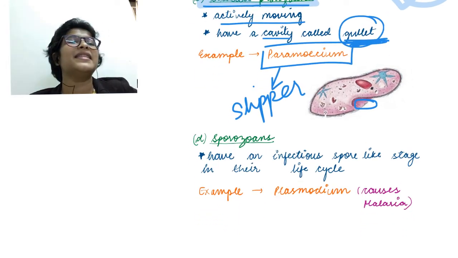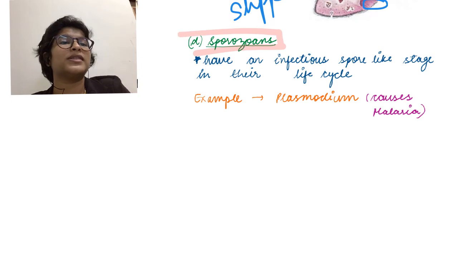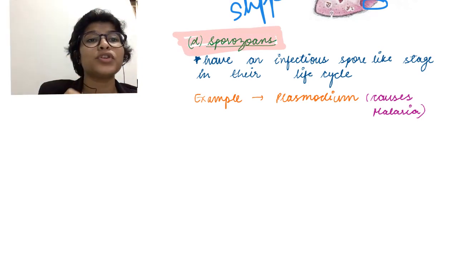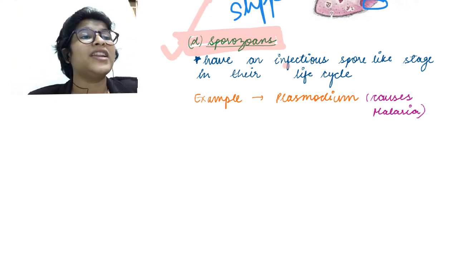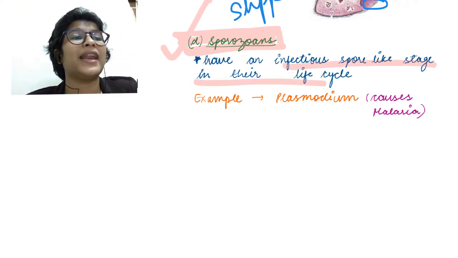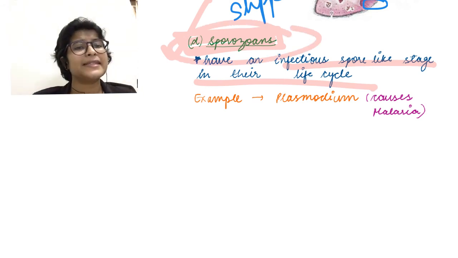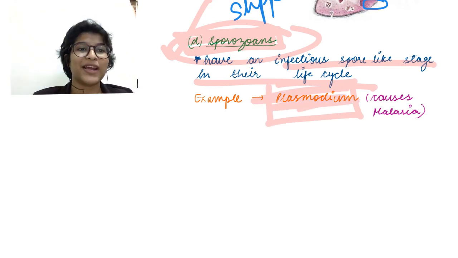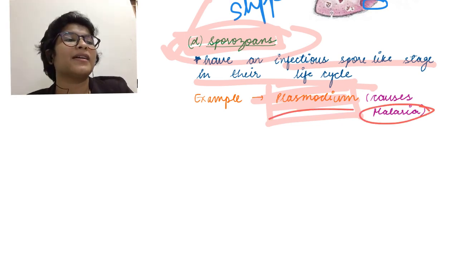Okay, the next category my friends is sporozoans. स्पोर यानी कि फॉर्मेशन ऑफ स्पोर्स जो करते हैं, those are called as sporozoans. They have an infectious spore-like stage in their life cycle and that is why they are called as sporozoans. इसका बेस्ट एग्जाम्पल कौन है? प्लाज्मोडियम. प्लाज्मोडियम वाइवैक्स एक्सेट्रा सुना है ना. प्लाज्मोडियम इज फेमस टू कॉज मलेरिया.